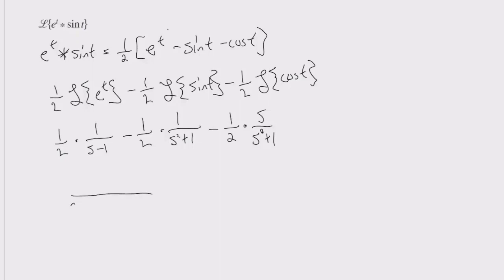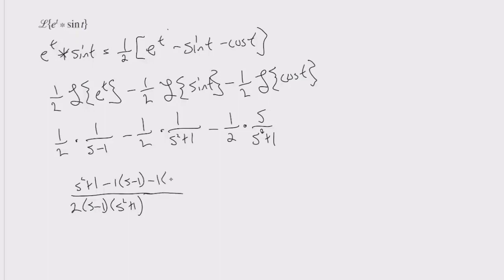So let's see, it's going to have a common denominator of 2. It's going to have an s minus 1 and an s squared plus 1. Let's see, so the first fraction was missing an s squared plus 1. Then we're missing, so minus 1 times s minus 1.